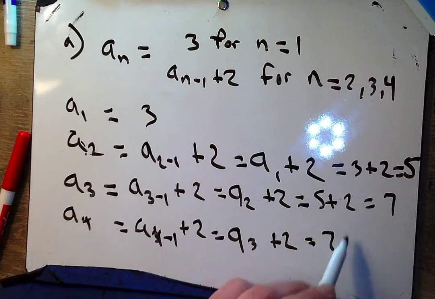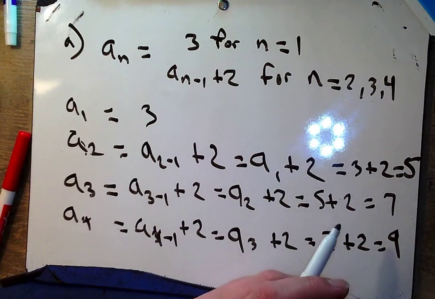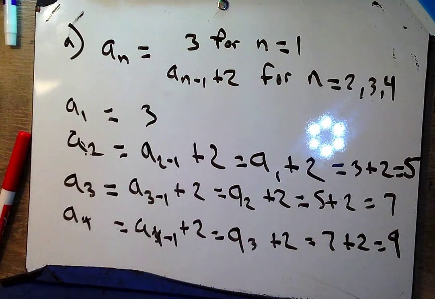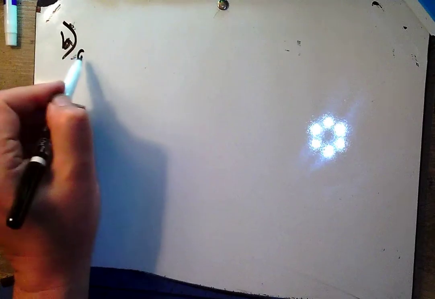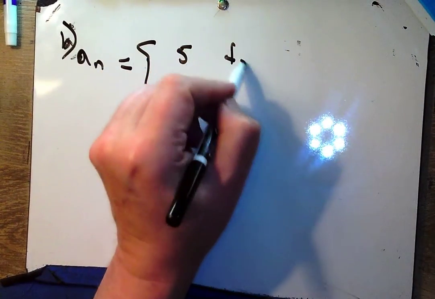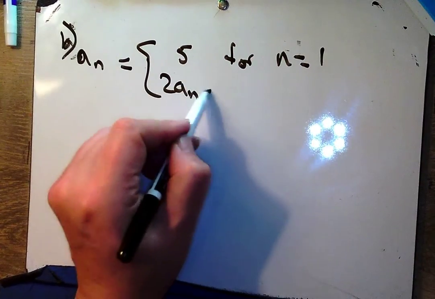A sub 3 was 7, and I get 9. And do we want 4 or 5? 4. So 1, 2, 3, 4. Done. Okay, part B.